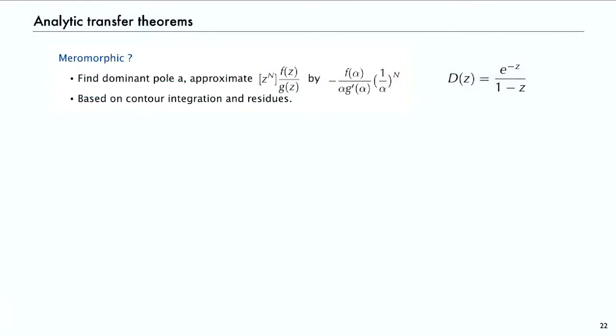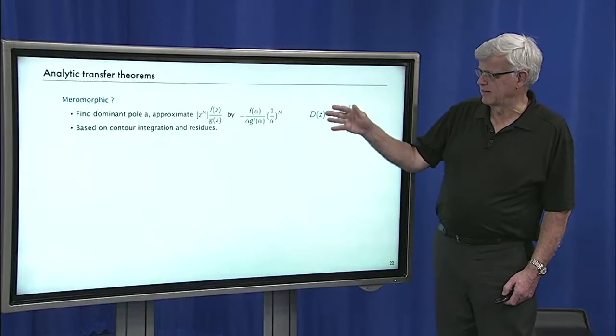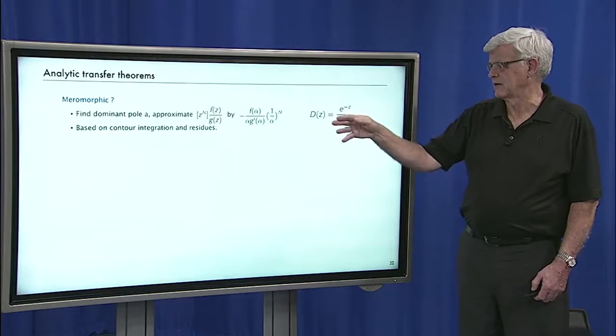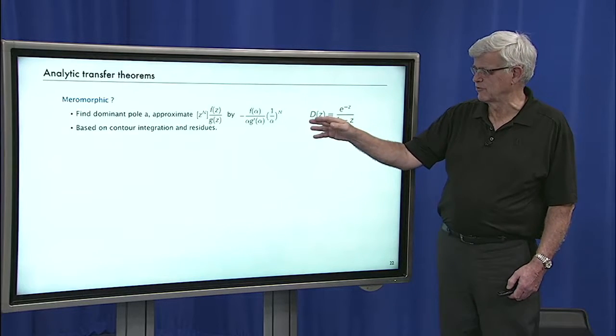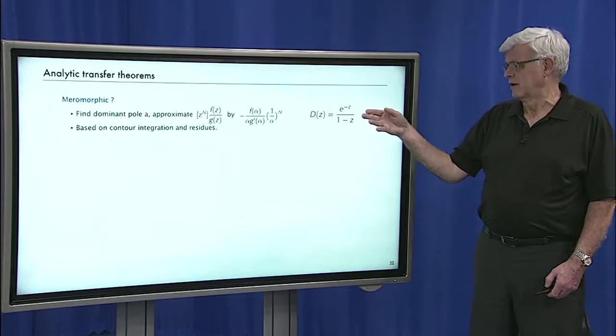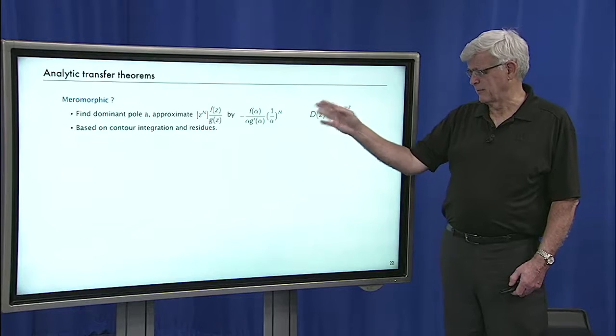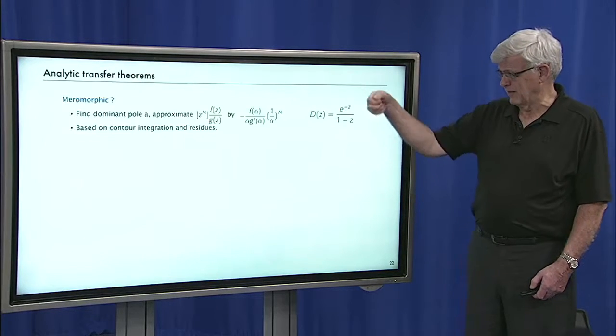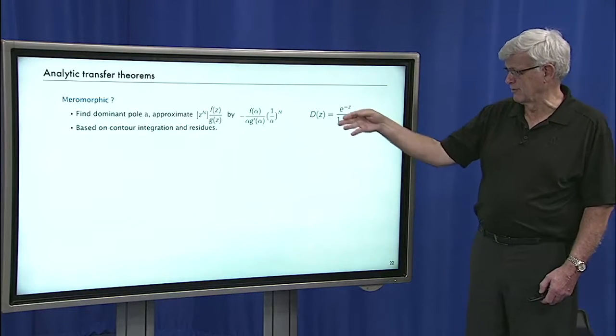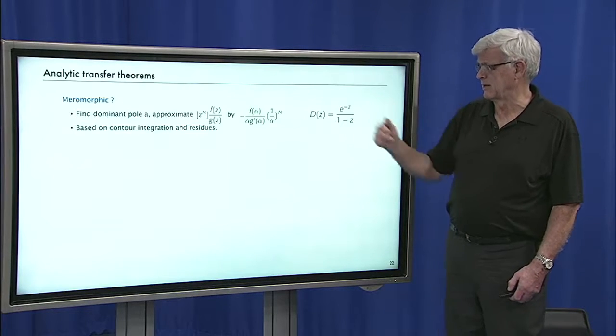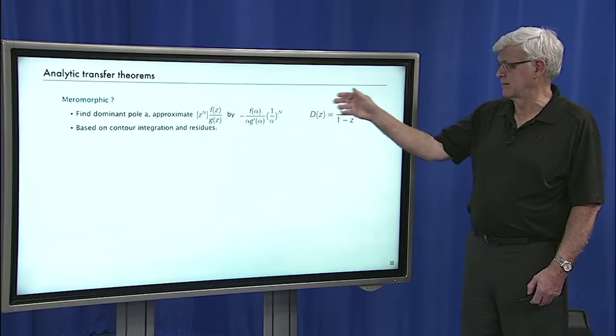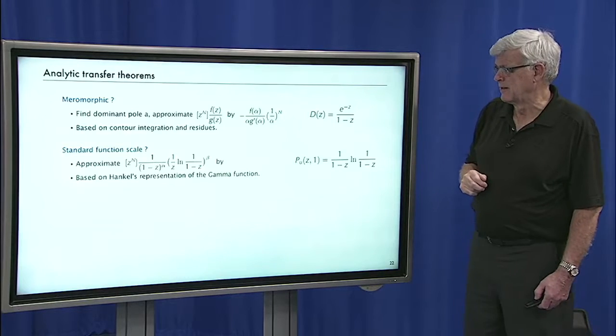Just to review the transfer theorems that we've taken a look at, if we have meromorphic functions, as we saw in the last couple of lectures, then we've got an easy-to-apply theorem based on contour integration and residues that gives us an approximation of the coefficient of z^n, for the ratio of two analytic functions, by simply evaluating the derivative at the closest pole to the origin.